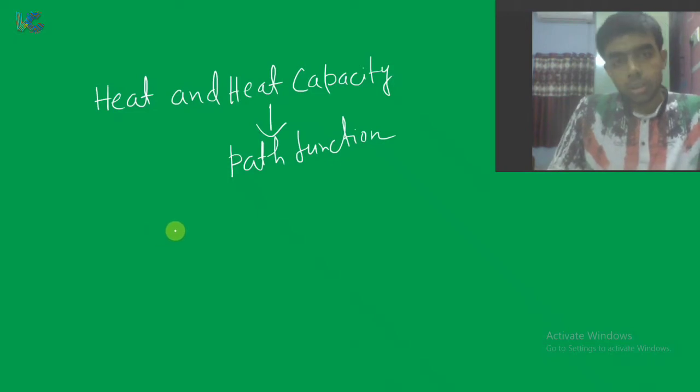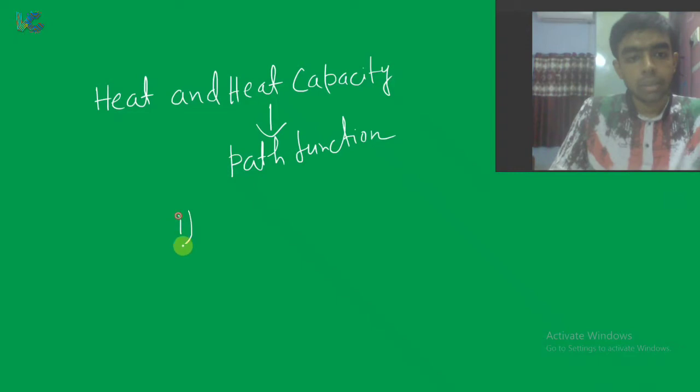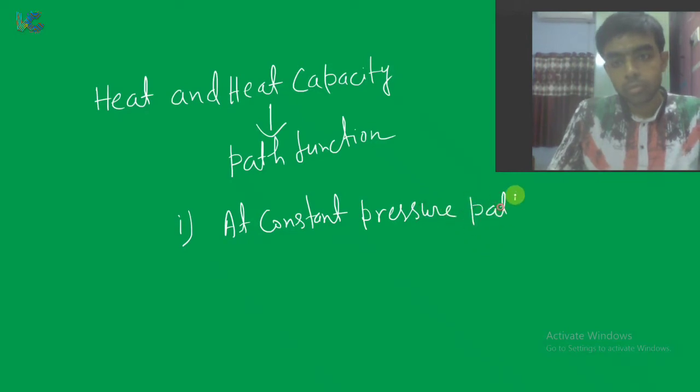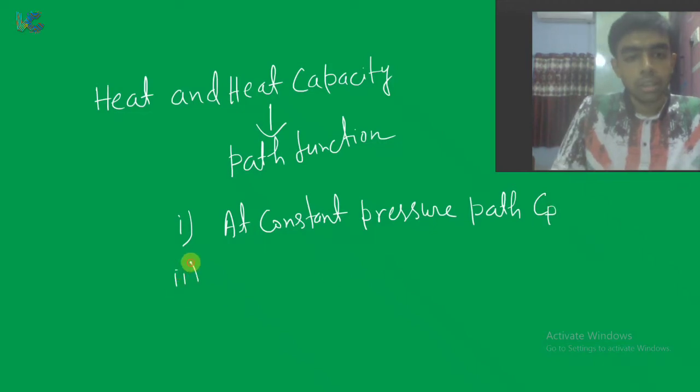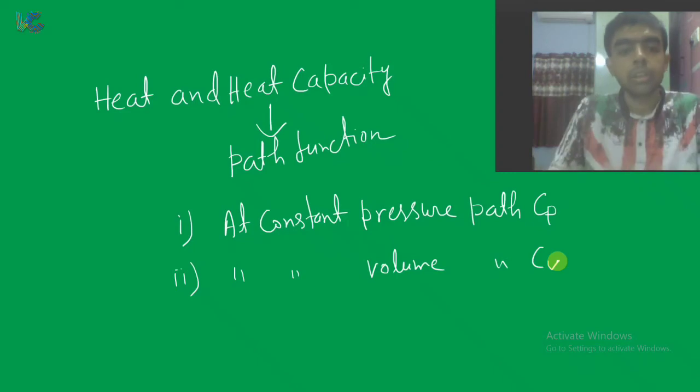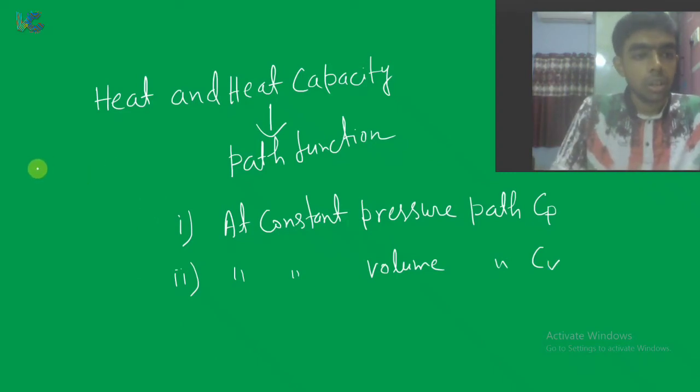So we'll discuss heat capacity in two paths. One is the constant pressure path, meaning Cp, and another one is the constant volume path, meaning Cv.